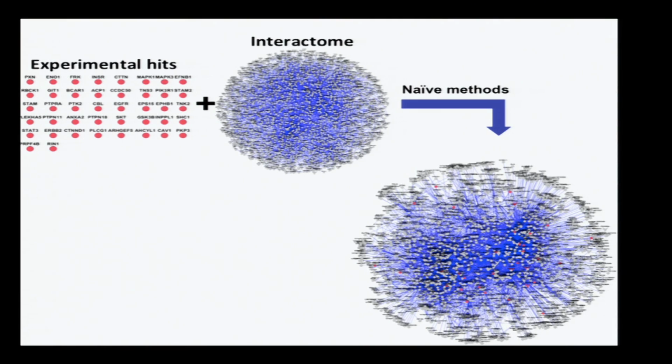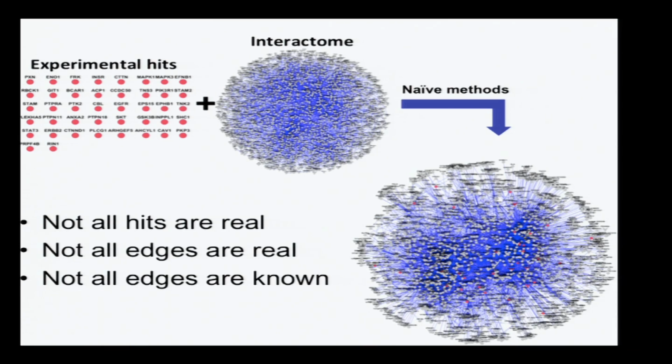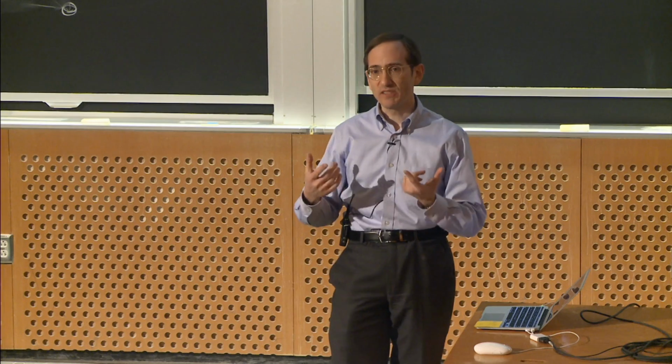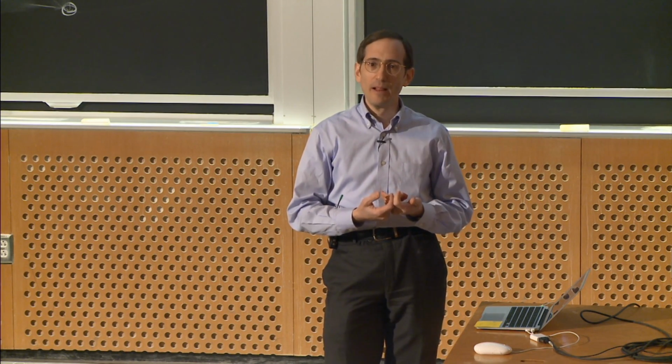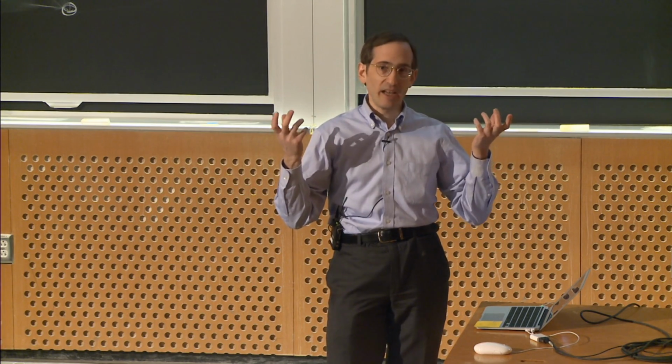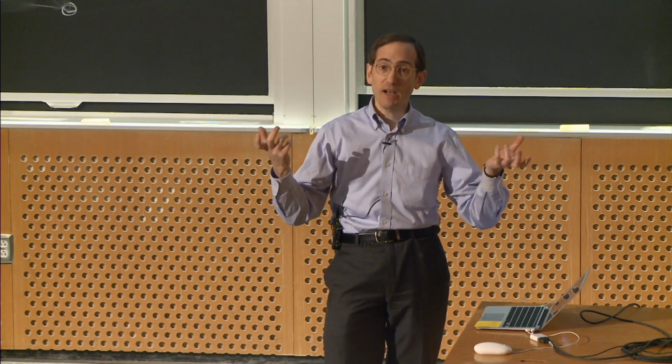These kinds of problems arise, as I said, in part because of noise in the data. Some of these hits are not real, and incorporating those obviously makes me take very long paths in the interactome. But it also arises because of the noise in the interactome, both false positives and false negatives. So I have two proteins that I'm trying to connect, and there's a false positive in the interactome.